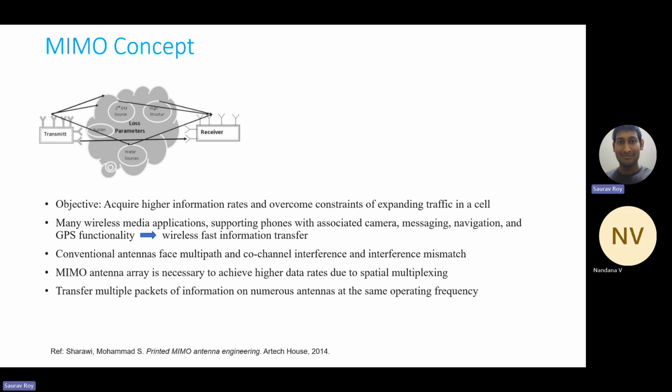It's called multiplicity. There we use multiple antennas to send it multiple times so that the number of errors reduces. If the number of errors reduces, we can improve the data rate.